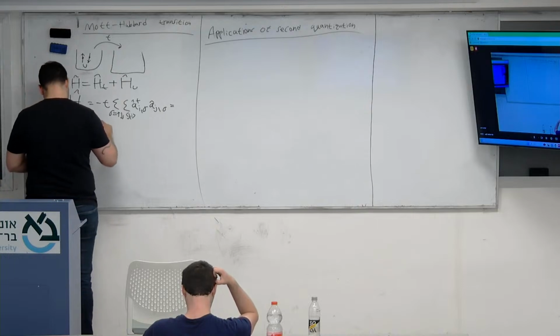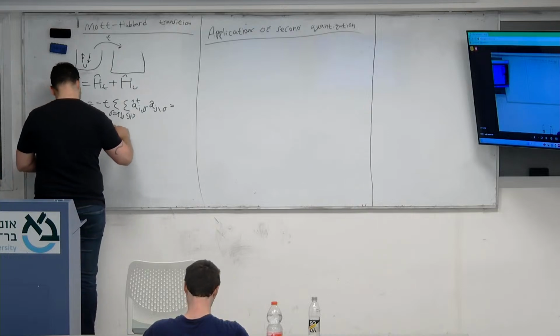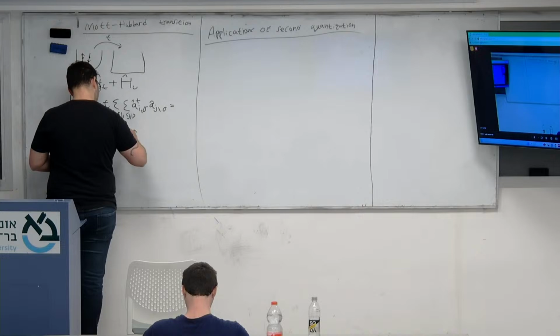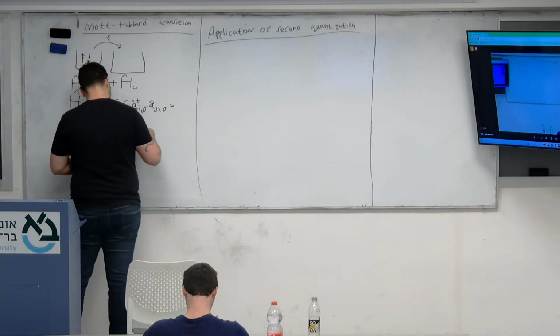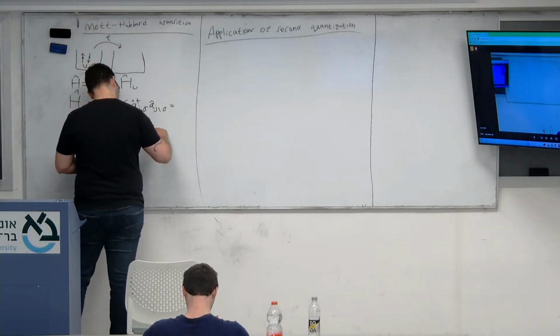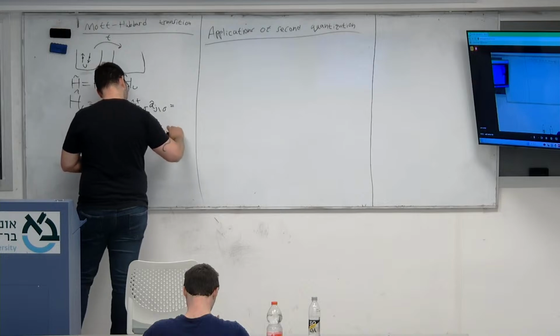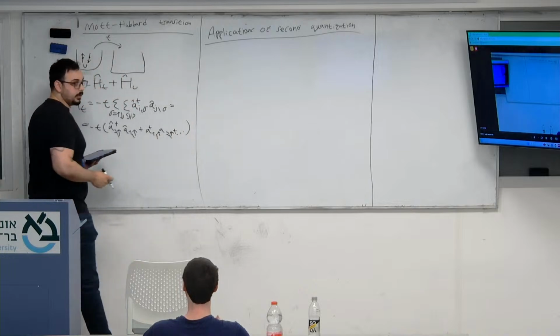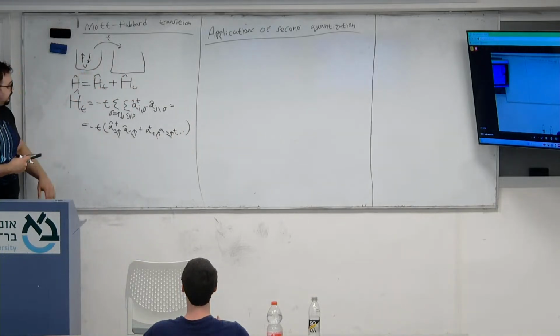Equals minus T, a1 dagger a2. Plus the same with the downs, just so you move here.